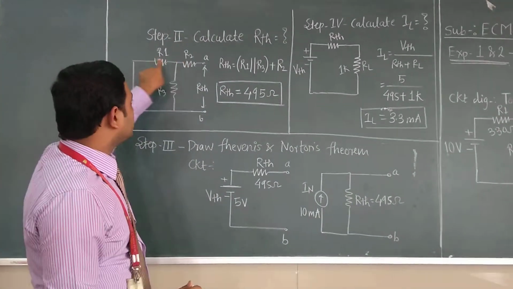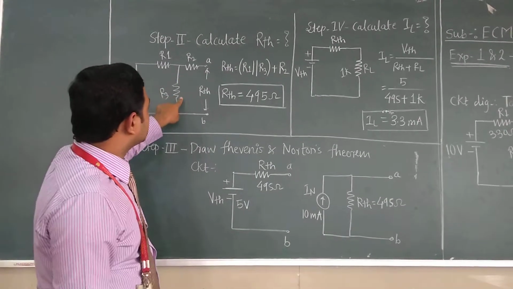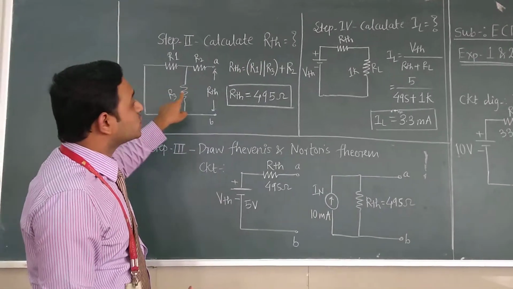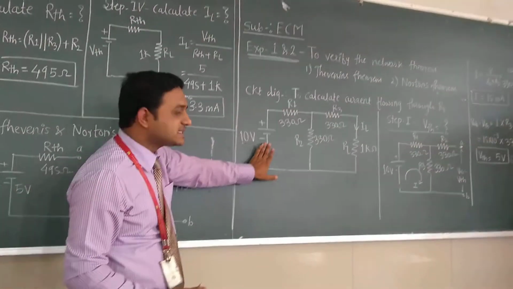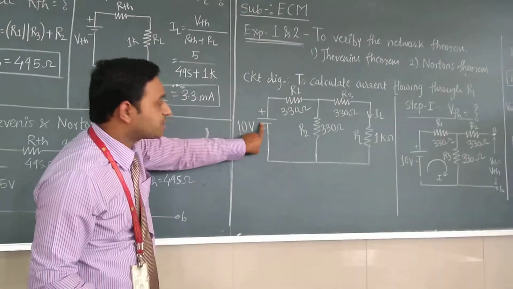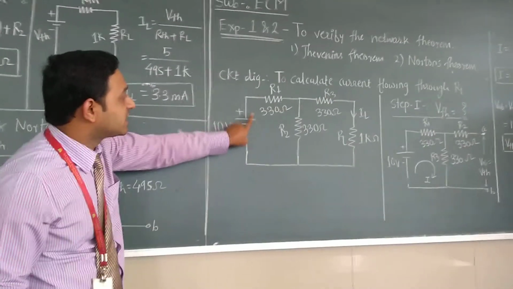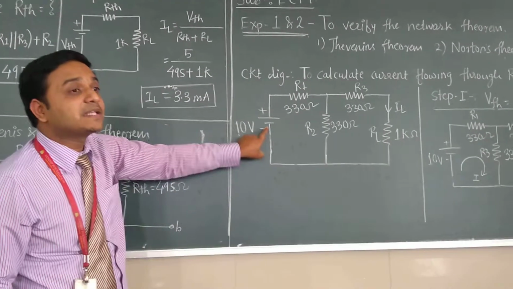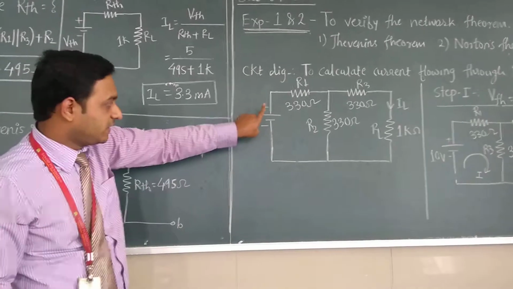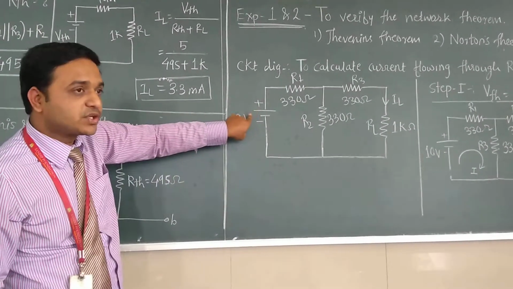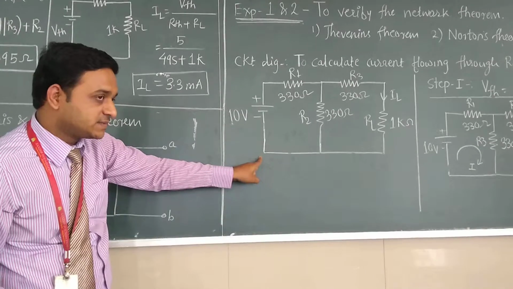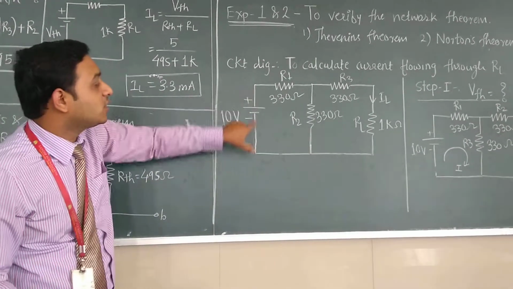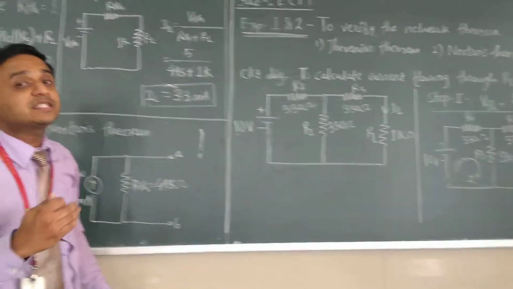While we are calculating the RTH, if a voltage source is present in your circuit, this voltage source is replaced by a short circuit. If it is a current source, it is replaced by an open circuit. So these are all the steps to calculate the RTH.